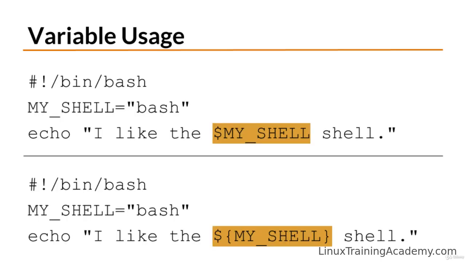To use a variable, simply precede the variable name with a $ sign. You can also enclose the variable name in curly braces and precede the opening brace with a $ sign. The curly brace syntax is optional unless you need to immediately precede or follow the variable with additional data. Here's an example.